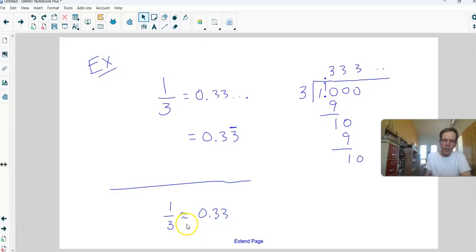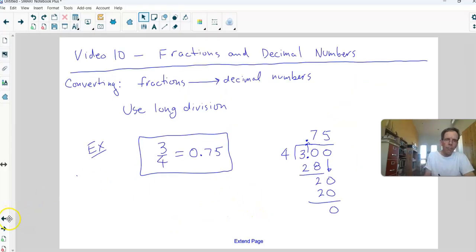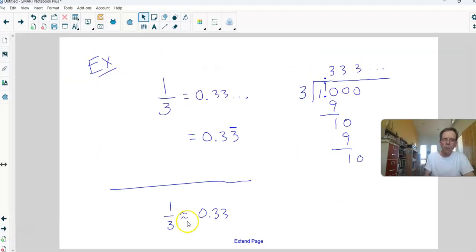This squiggly symbol here is approximately equal to. Okay, so when we write the decimal representation of a fraction, sometimes it terminates and sometimes it doesn't. It repeats.